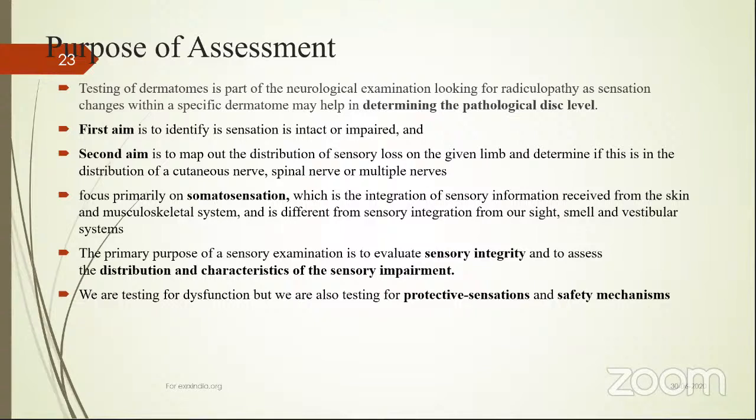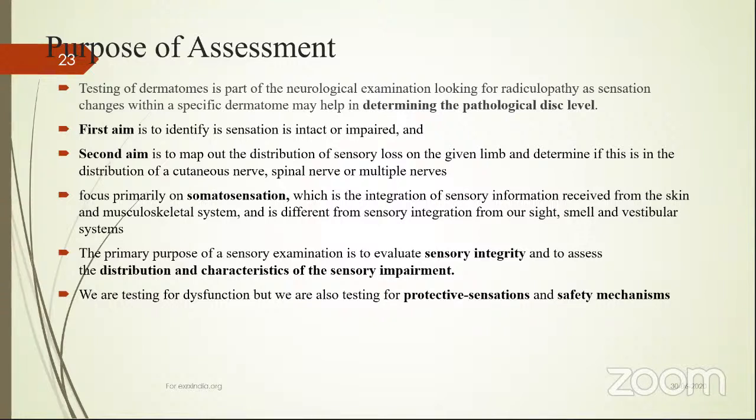The second aim is to know in which area the patient has a sensory loss. So we want to map out the distribution of sensory loss in a limb, and we want to know which cutaneous nerve or which spinal nerve, or one or many spinal nerves, are involved in this loss of sensation. That's why we do an assessment.